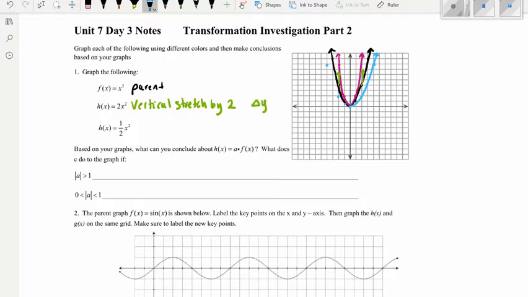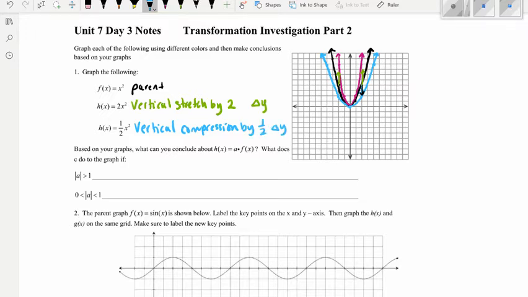So this would be my new graph. And notice it's below our parent graph, so that means your y values are vertically moving down from the parent graph, so going this way. I'll draw an arrow, so it'd be essentially going this way. So this is what we call a vertical compression by 1/2.